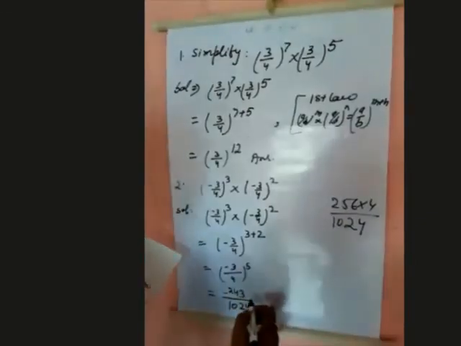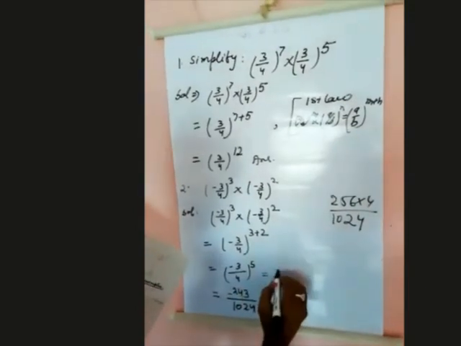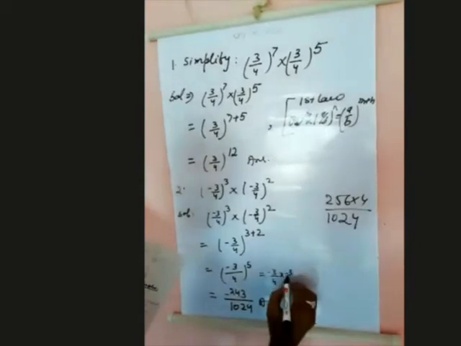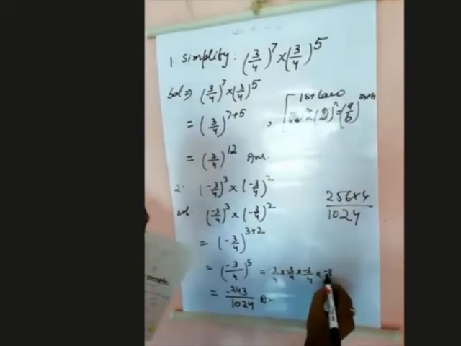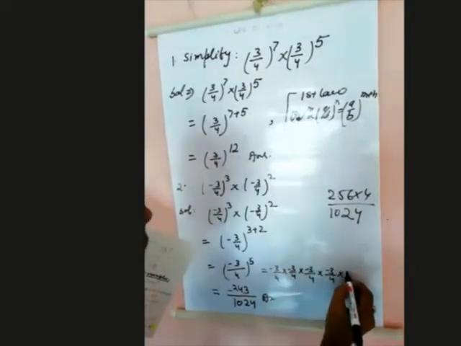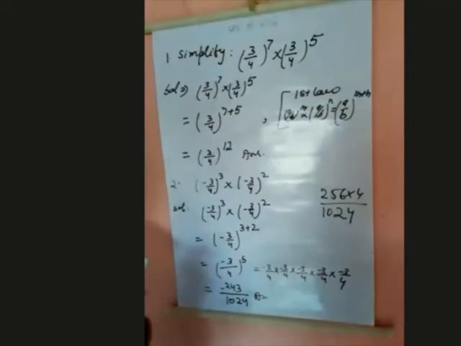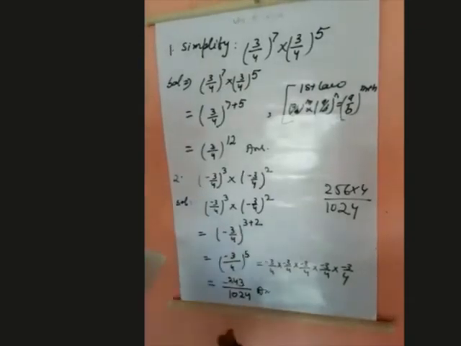We can also write it as minus 3/4 into minus 3/4 into minus 3/4, five times. Here, when the power is odd and the numerator is negative, we get the product negative.